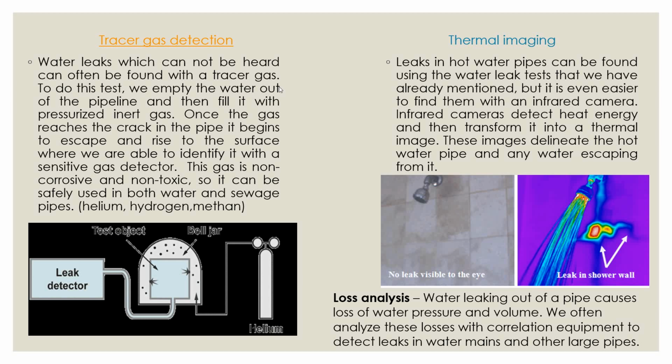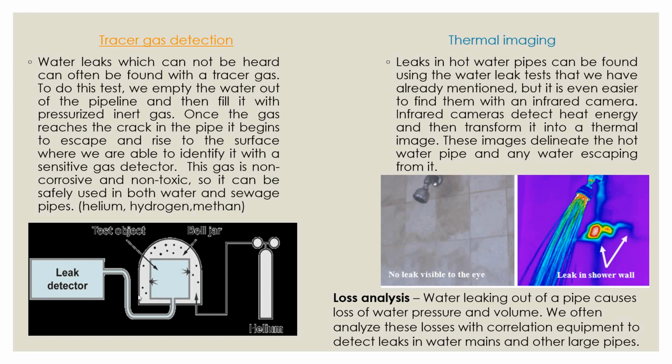Generally, inert gas is nothing but helium gas, so you can also name this particular method as the helium gas detector method. So what they are doing is, first you need to dry out whatever pipeline is there, remove all water from your pipeline, and replace the water with helium gas.